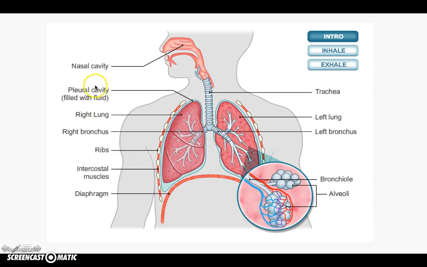So just imagine quickly that we've breathed in air through the bronchi, through the bronchioles, into the alveoli, which we have here. Let's say these alveoli are full of oxygen, rich with oxygen. The blood that's currently in the lungs is deoxygenated. There's no oxygen in there.